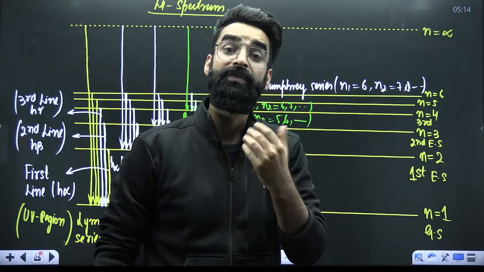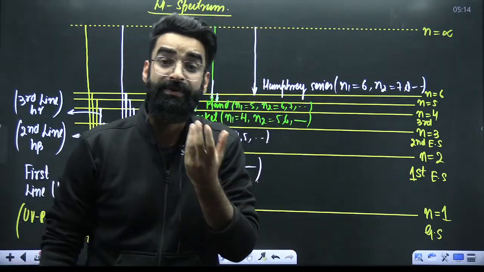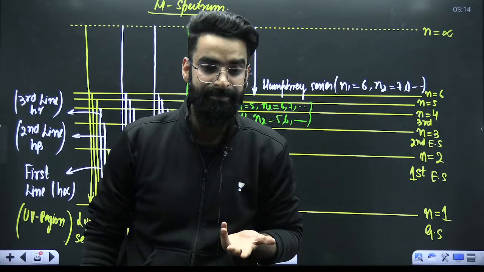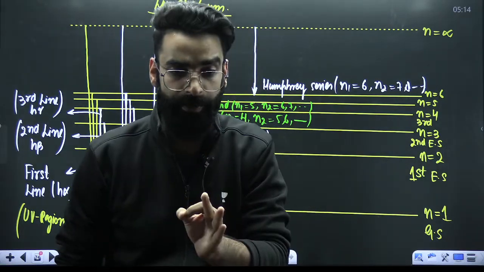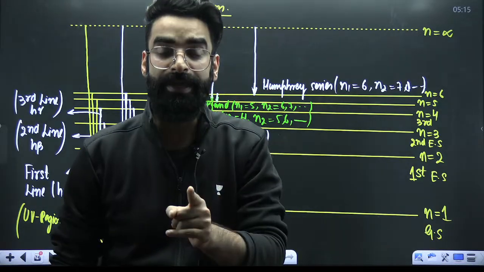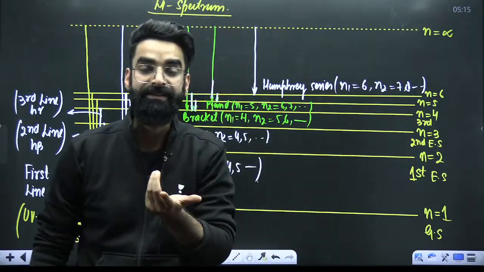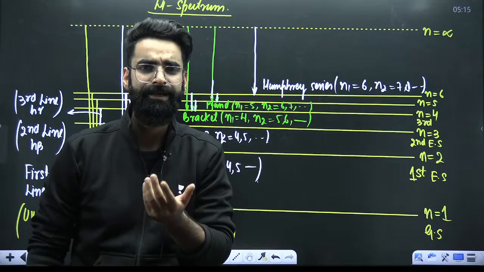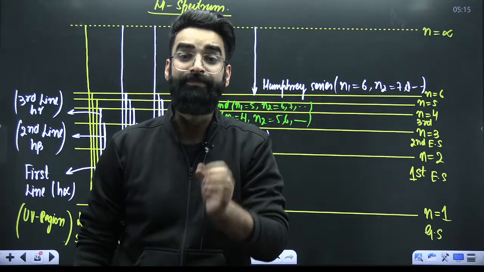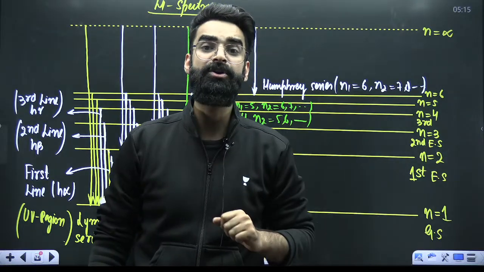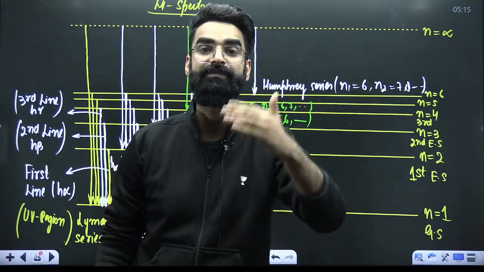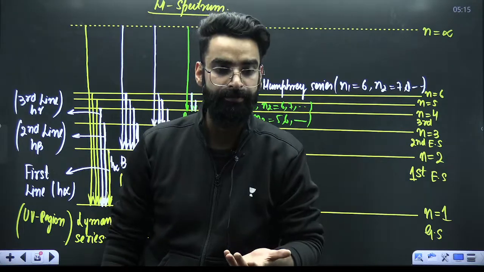That radiation will be having some frequency and some wavelength, right? How do we calculate the wavelength, the frequency, the wave number of the radiation which is emitted or absorbed during the transition of the electrons?